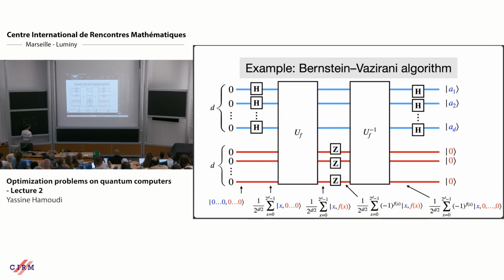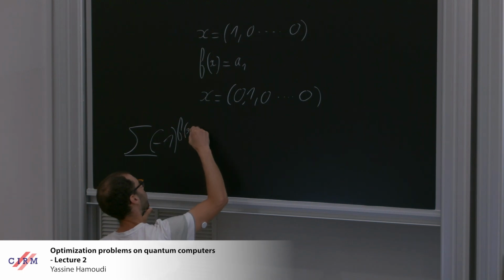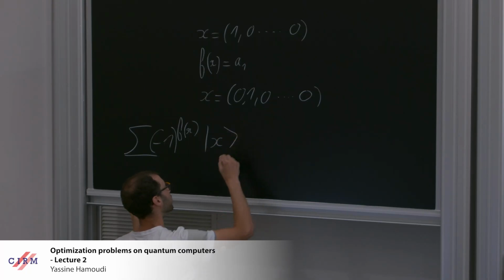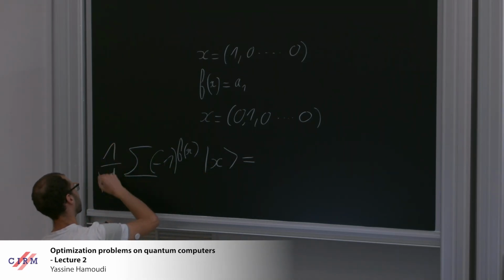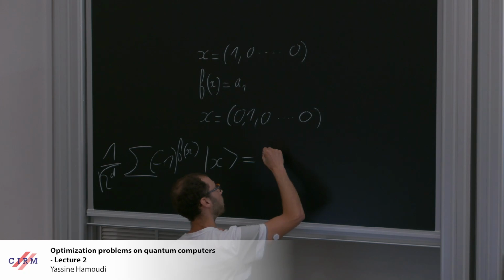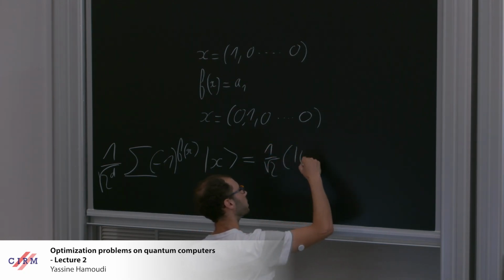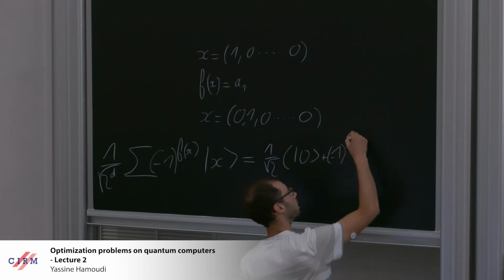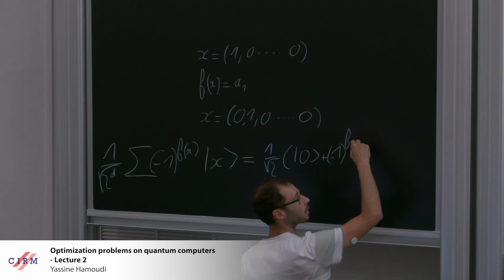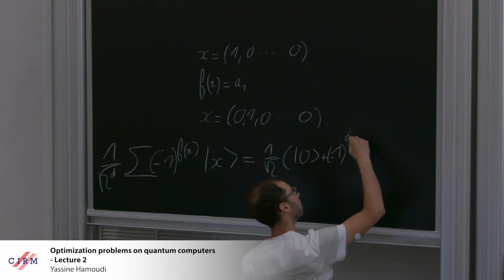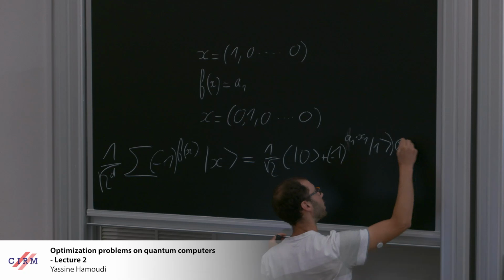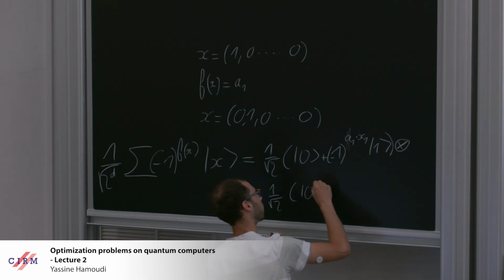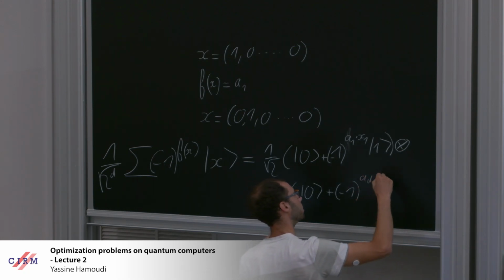Well, because if you look at the final state, the sum of (-1)^f(x) |x>, just focusing on the first register, this is also equal to, with a normalization, 1 over square root 2 times (|0> + (-1)^(a1 x1) |1>), and then you tensor multiple times, up to (|0> + (-1)^(ad xd) |1>).